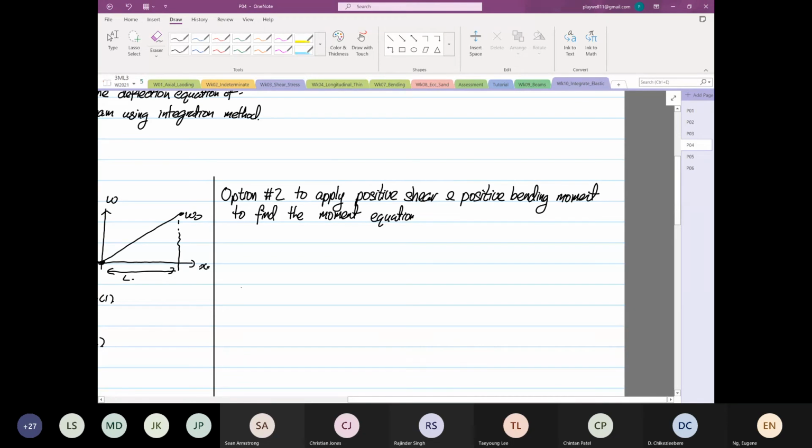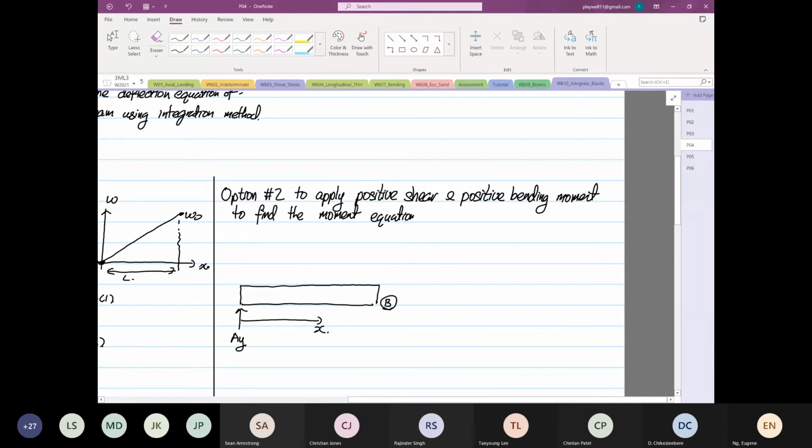Now, same thing, not same thing. There's an extra step over here. You have to find the reaction at point A. You don't need to find the reaction at point B, because our analysis is going from left to right.